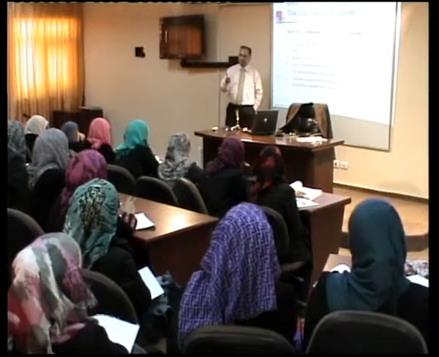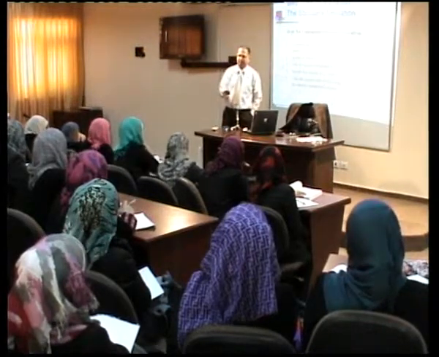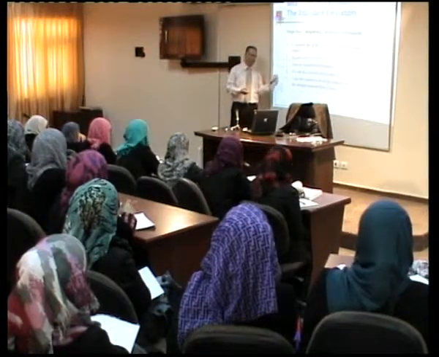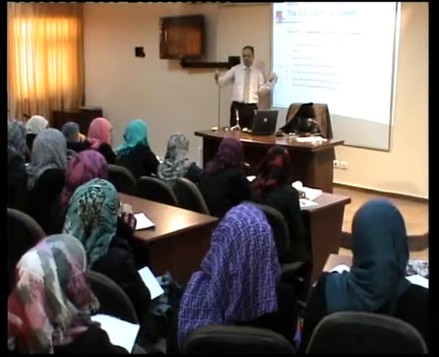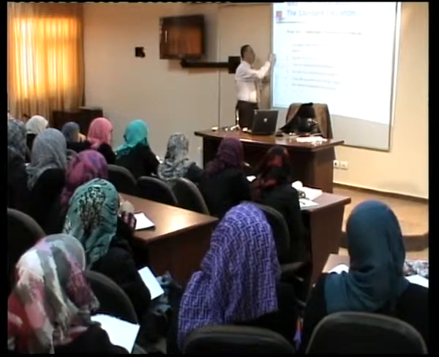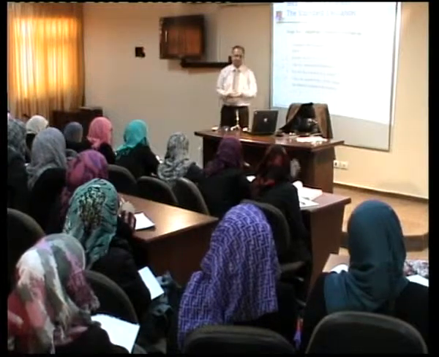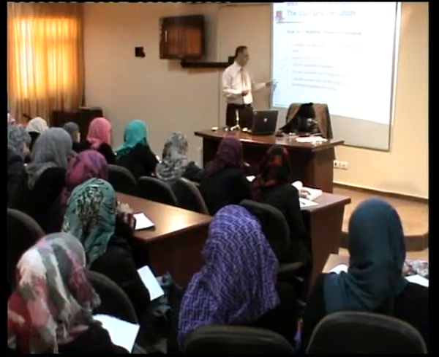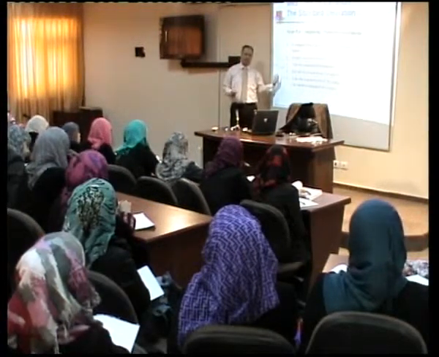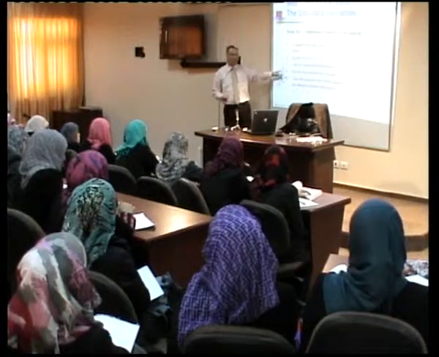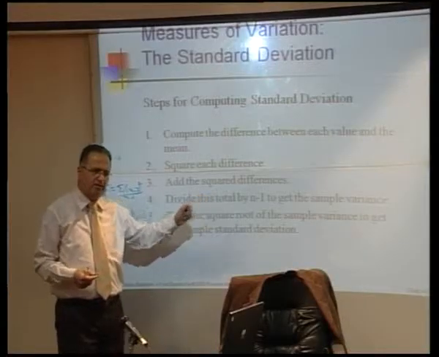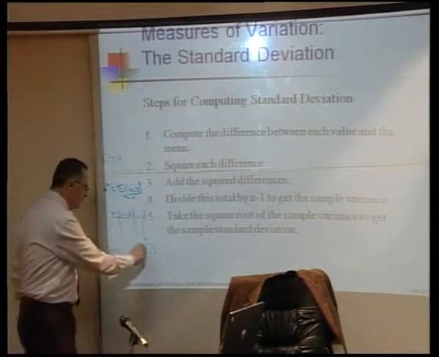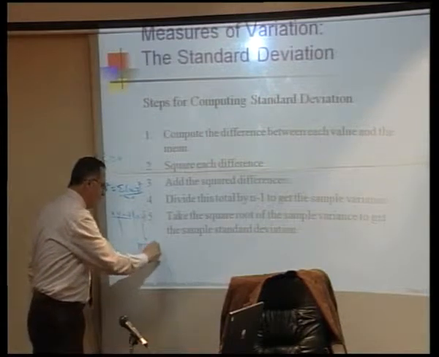Now it makes sense that the variance should be positive, because you squared this distance. Even if it is negative, a negative squared is positive. So S square is always positive. Later we'll talk a little bit about this point. In step number 3, after we square each deviation, you have to add the squared differences, so we have the sum of x minus x bar squared.